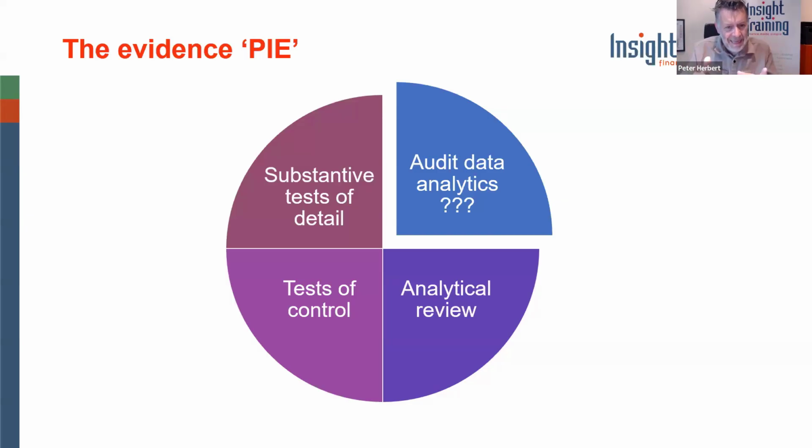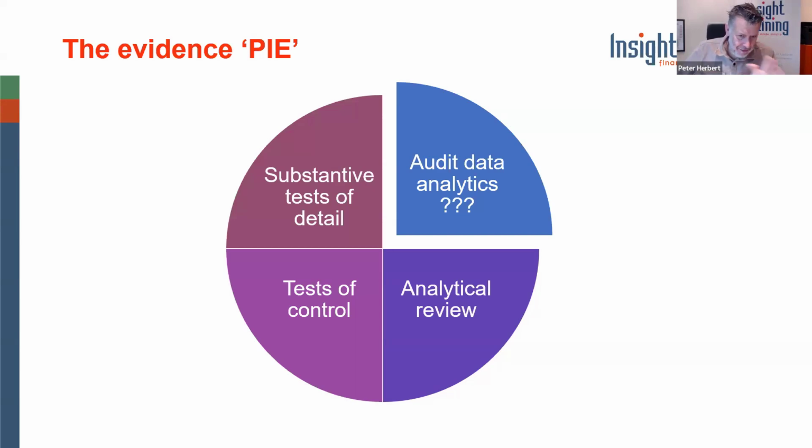If you are therefore completely hanging your hat on substantive tests of detail, and you've got a sampling methodology that is not based on a cap, you can be looking down the barrel of a gun at a really big sample size for that test of detail. So I think therefore being a bit more selective in terms of how you're gathering the evidence is very much, as far as we're concerned, front and central.